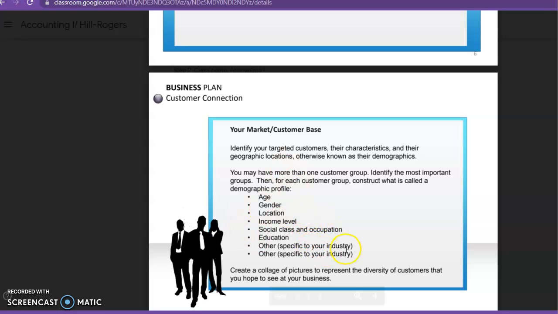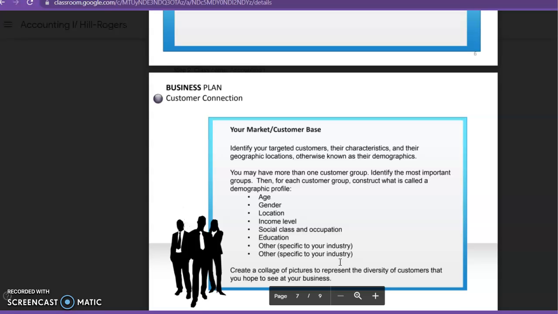So you need to know all this information, their social class, education, and this is important so that you will know where and how your business will possibly be able to survive. If your prices are too expensive and you're located in the inner city, it may not do as well. But if you're in a suburban area, it may do well. And then again, it may be vice versa. It may not do well in the suburban areas.